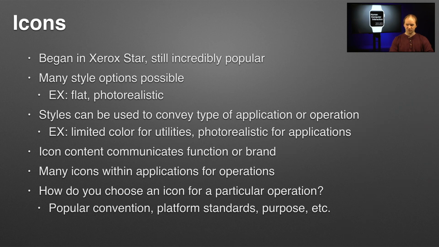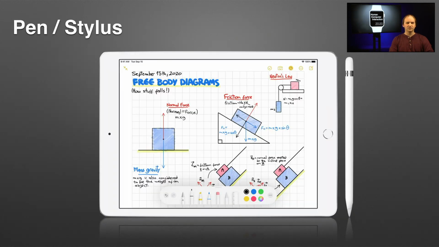But let's keep moving. Let's talk a little bit about pen and stylus interaction with the screen. So here I've just got a random iPad with first Apple Pencil, but there are a lot of platforms that use a stylus or a pen input.